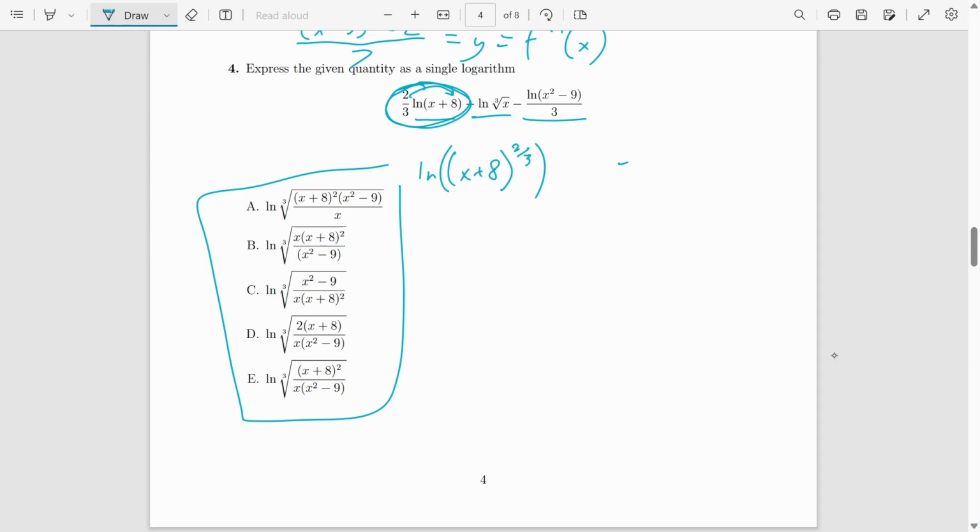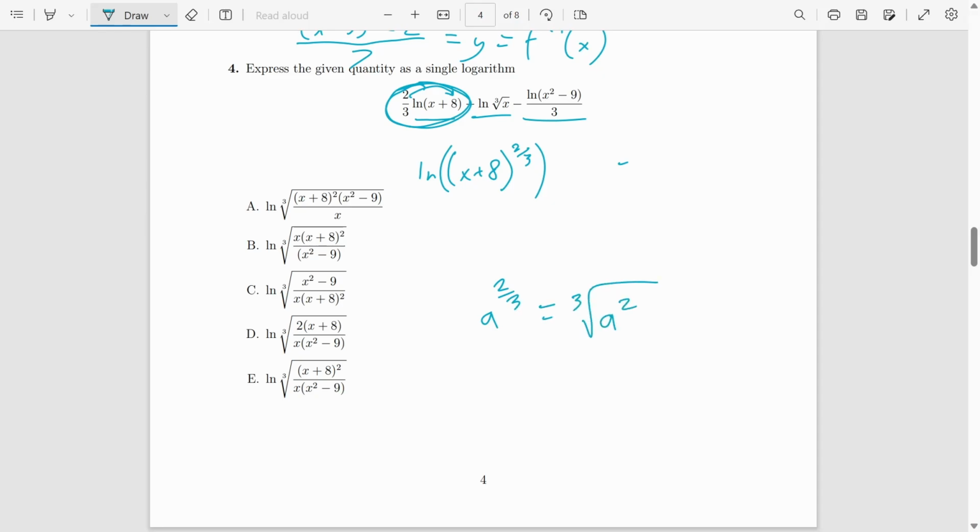So what I would like to do is just rewrite the 2/3 power as what it actually means, which is: if you have a to the 2/3, that just equals a squared and then all that cube rooted. So let's rewrite it as that, where it is cube rooted and then everything on the inside is squared. So that's how we can rewrite the first term here.